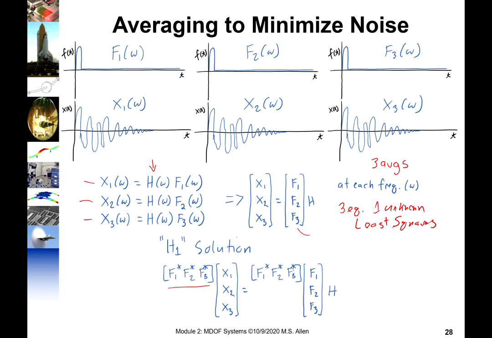And if we do that, we get this equation, and notice this is 1 by 3 times 3 by 1. So this ends up being a scalar equation, and now it can be inverted.